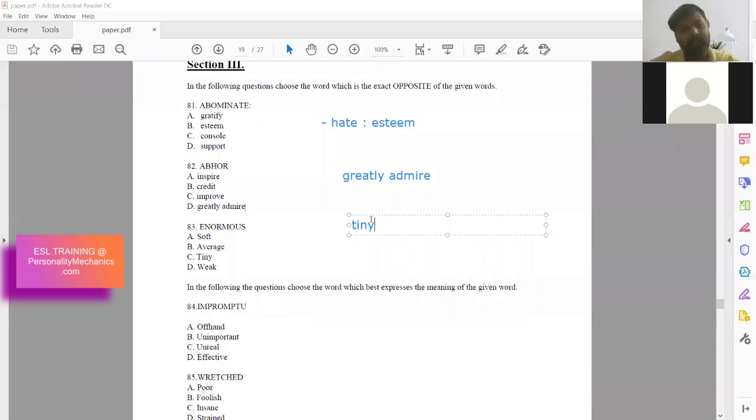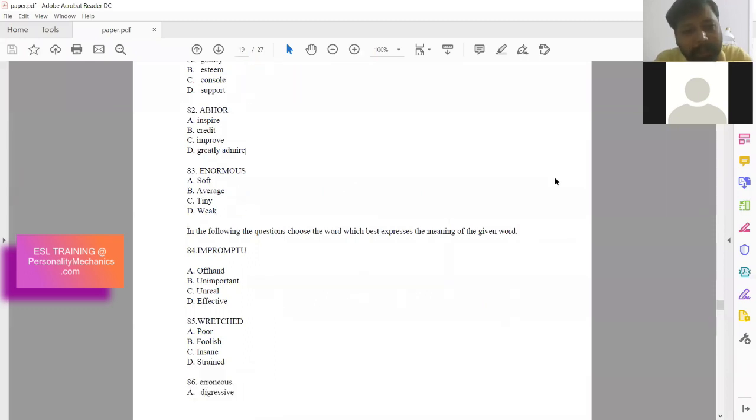Enormous means something that is out of proportion, something that is big. The opposite of big is small, but this is very, very small. So that is going to be the word tiny. That's option C here. I'm hoping that you people are understanding what we're trying to do. We were looking for the opposite meaning words. For the ones who got it incorrect, I'm hoping that you can understand it better.